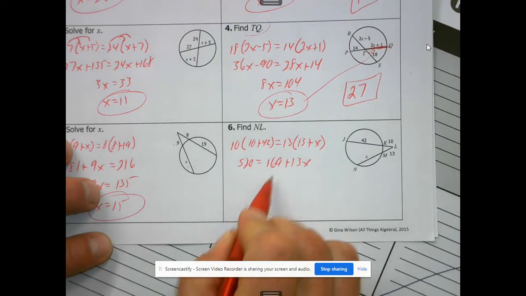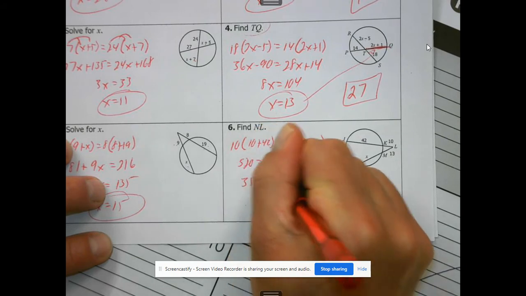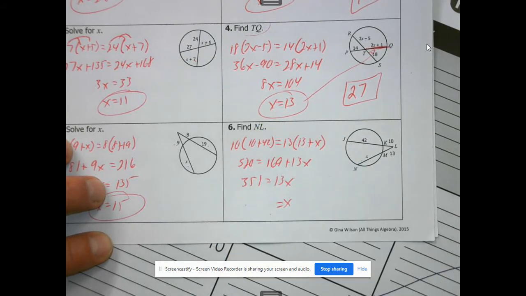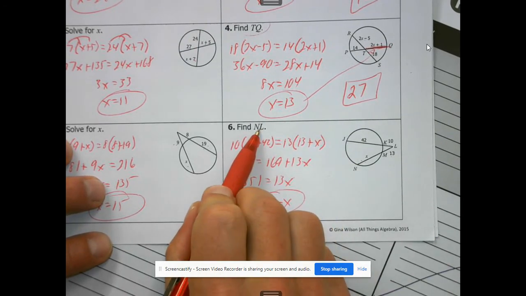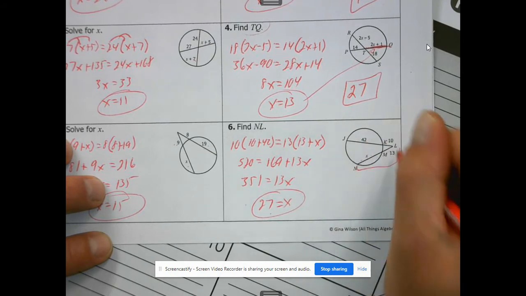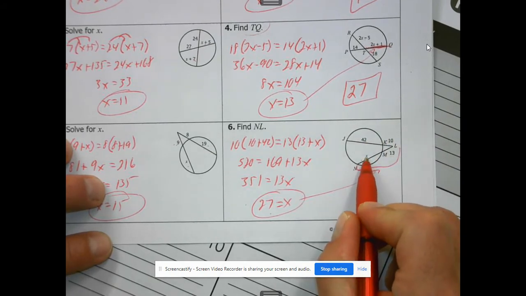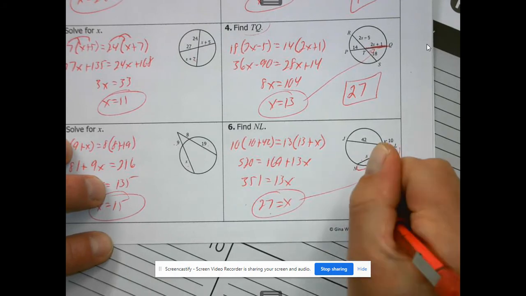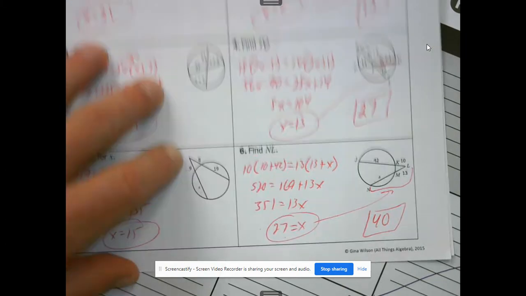Subtract the 169, 351. Divide by 13. It goes in there 27 times, but I didn't answer the question. It wants NL, this whole piece. Well, x is 27 plus the 13. That gives me 40.